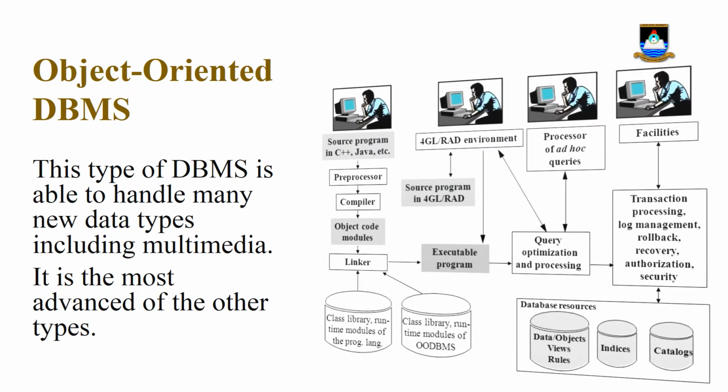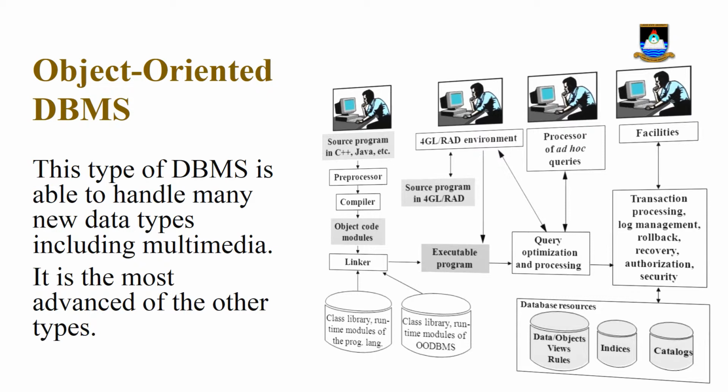Object-oriented DBMS. This type of DBMS is able to handle many new data types, including multimedia. It is the most advanced of the other types. The object-oriented database allows you to input numeric, alphanumeric, alphabets, pictures, visuals, audio, and audiovisuals.